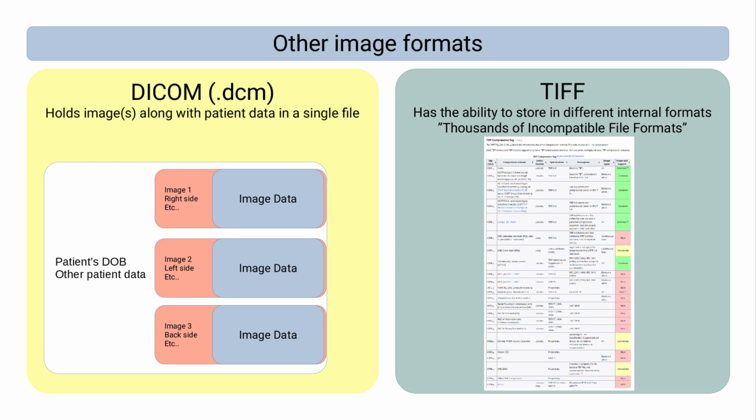So in a DICOM, for each image, there's additional information about that image. Like, for example, was it on the patient's left side, right side? The DICOM file also has information like the patient's name, date of birth, sometimes the doctor's information as well. So you get a lot more from a DICOM file.